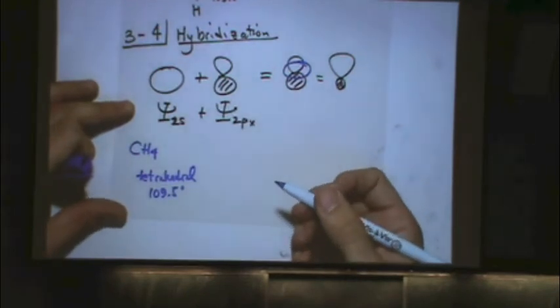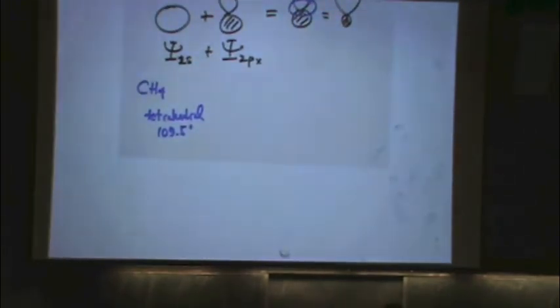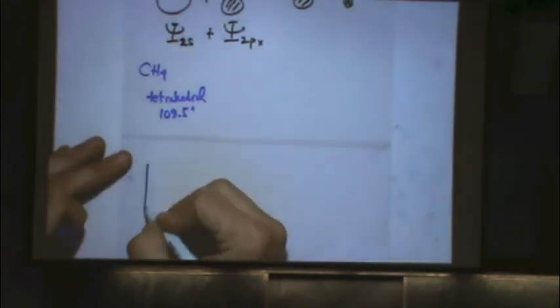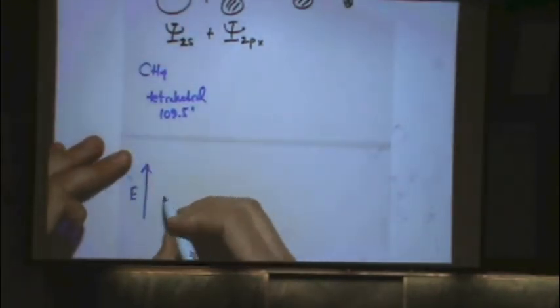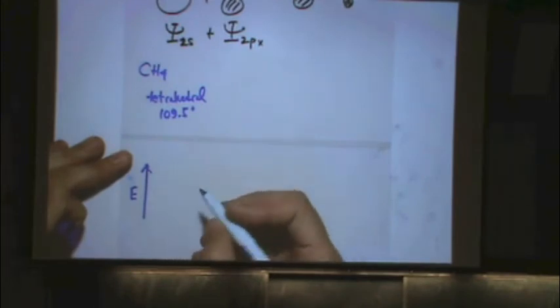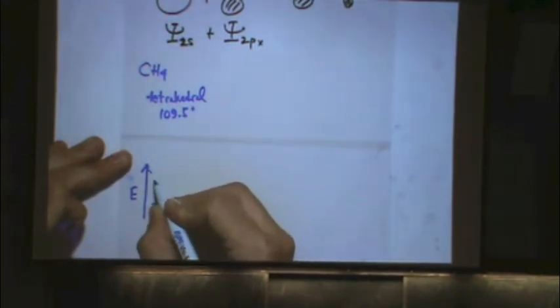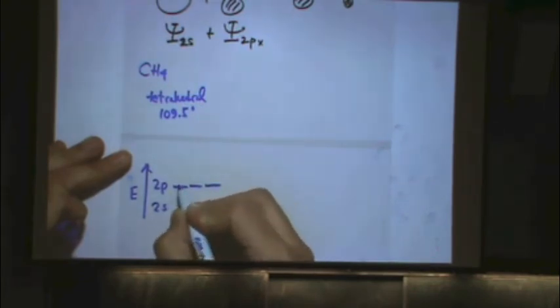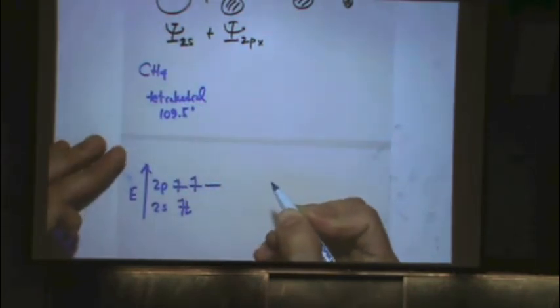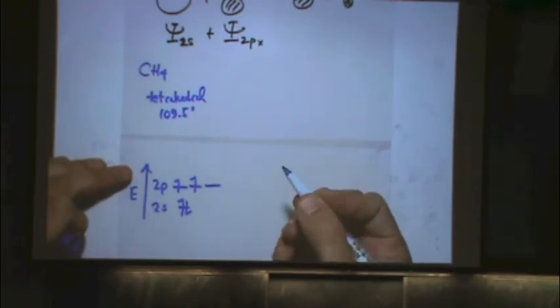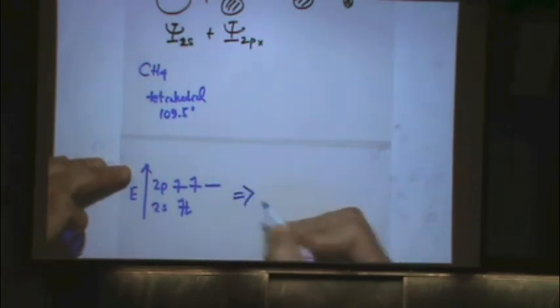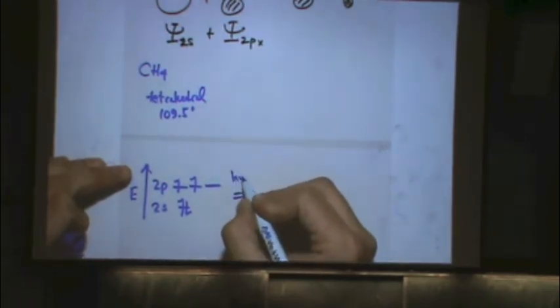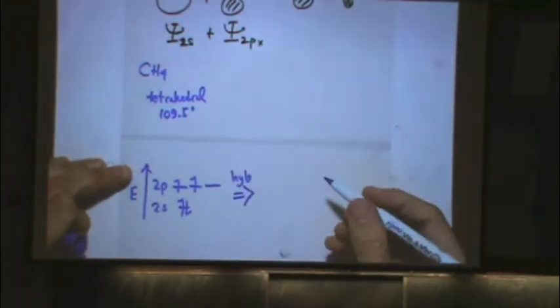To explain that angle, what we say is the following. If you draw the energy orbital line diagram for only the valence electrons, the 2s and the 2p, 2s2, 2p2, there's the electron configuration. We say this hybridizes. And this is how we explain this shape.